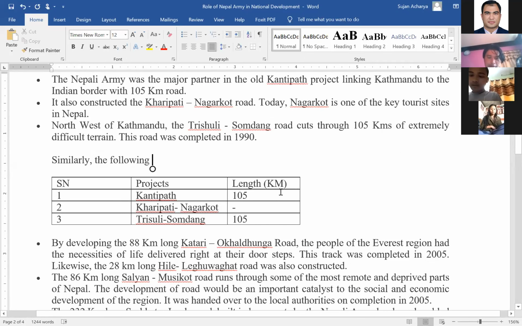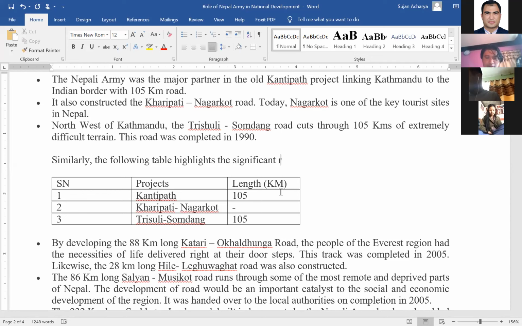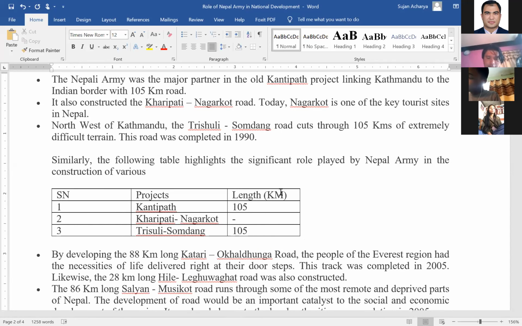Similarly, the following table highlights the significant role played by Nepal Army in the construction of various important development projects supporting the nation, or something like that.